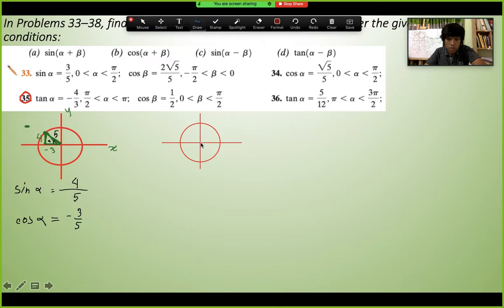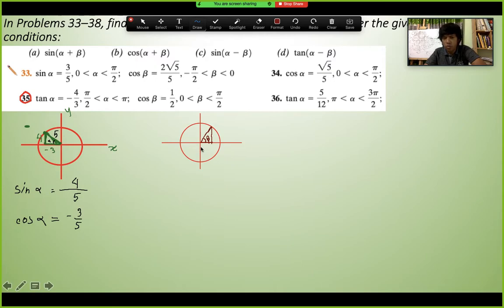Then take some other color. Suppose the line is somewhat here. Say the value is here, cos beta, between 0 and 90 degrees. So this will be the beta. And this is 1 by 2.